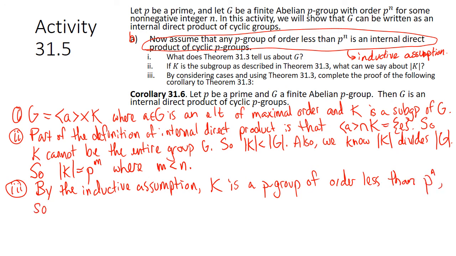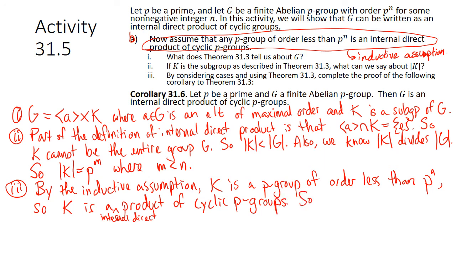So K is a product of cyclic p-groups. I should say an internal direct product.